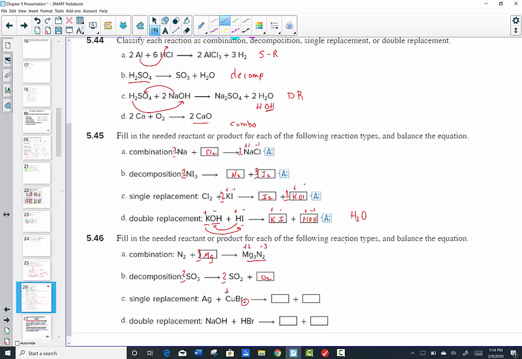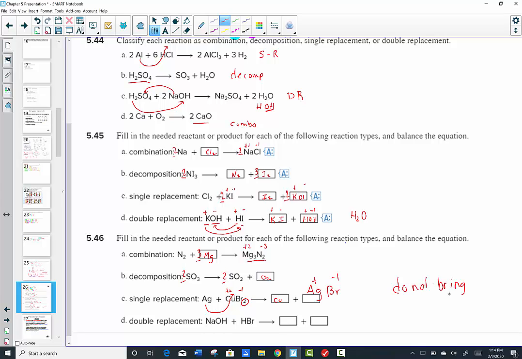Copper must be a +2, bromide a -1. When silver kicks out copper, the elemental form of copper is Cu. The compound is silver, who's a +1, bromide, who's a -1, just AgBr, right? Do not bring subscripts.